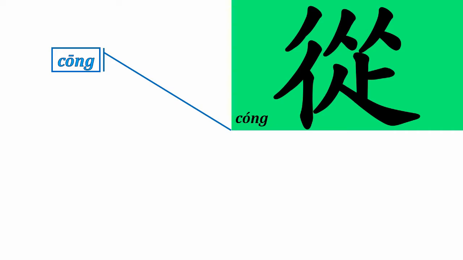This character is pronounced second tone, cóng. In some rare expressions, it's pronounced first tone, cōng. But we won't bother with the first tone variant today. This character started out simply meaning to follow, but now has many derivative concepts.